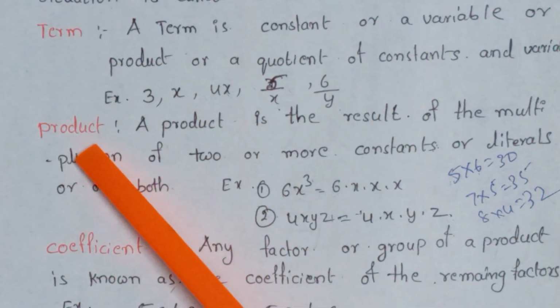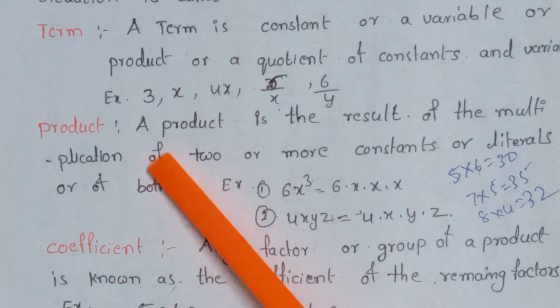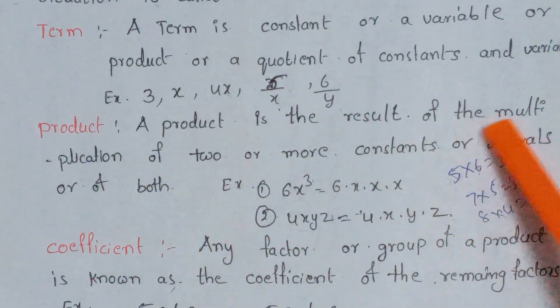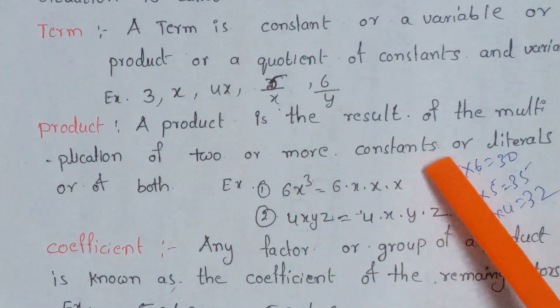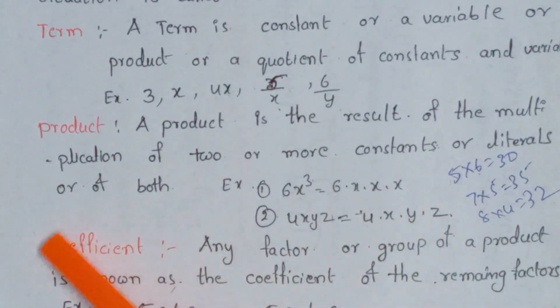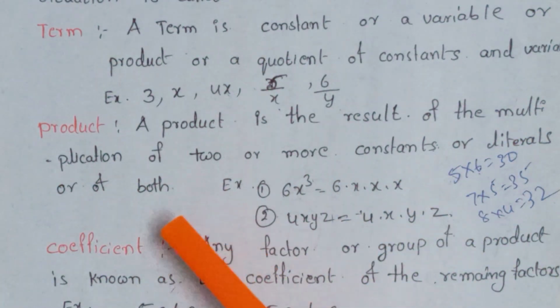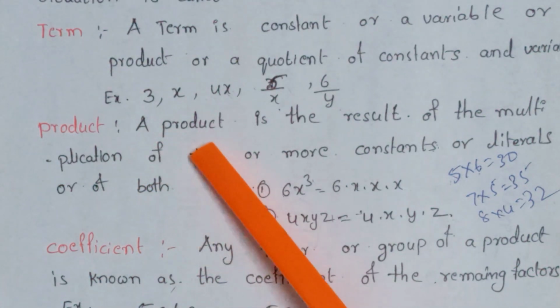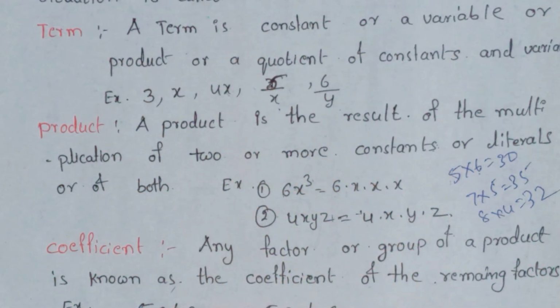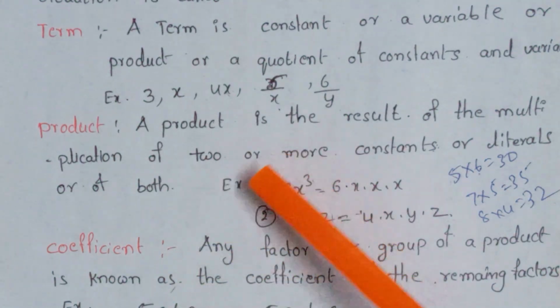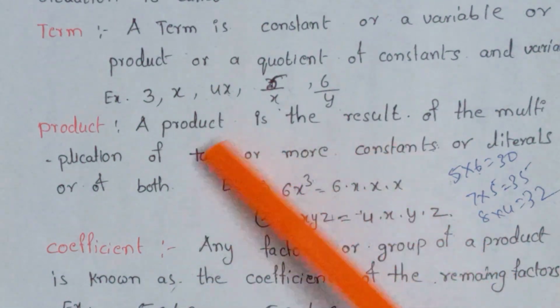Let us go to the product. What is the product? The product is the result of the multiplication of two or more constants or literals or both. Product means multiplying two or more numbers; then we get the answer, that is the product.